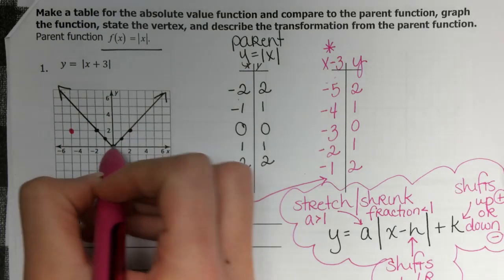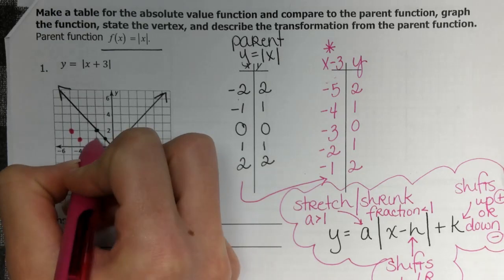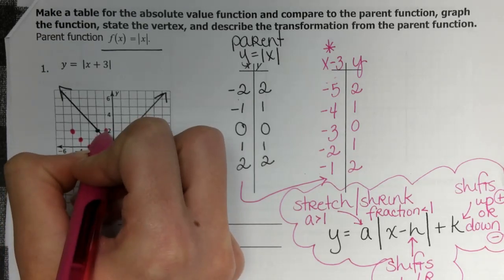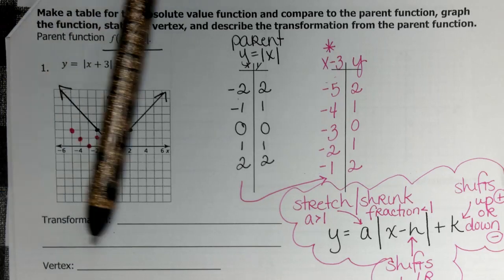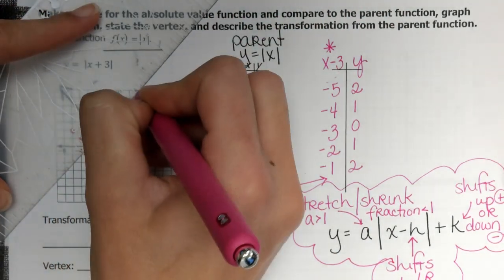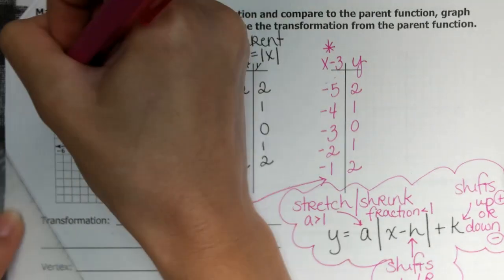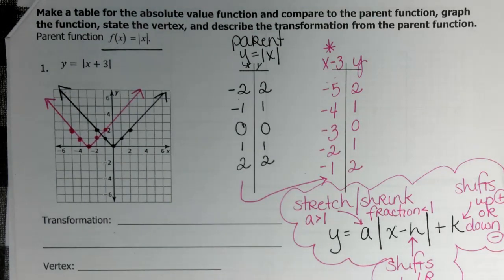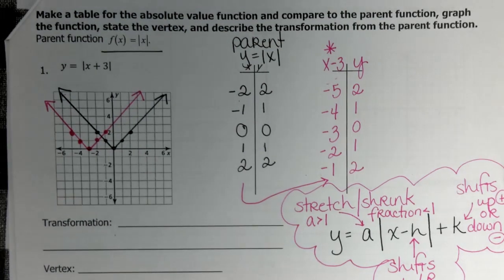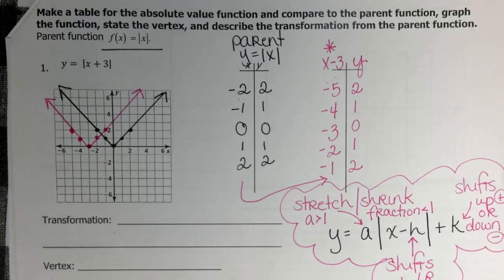I'm going to plot -4, 1, -3, 0, -2, 1, and -1, 2. Did we understand what I did with that table? Okay.